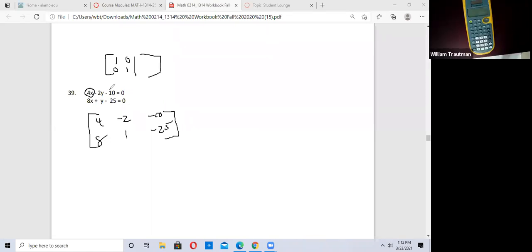Yes, you can't put it in matrix form until the 10 is on the other side of the equal sign. It has to be X, Y, and then the number on the other side. It's a minus 10, so you add 10 to both sides, and a positive 10. It's a minus 25, so you add 25 to both sides. So a positive 10 is on the other side, and a positive 25 is on the other side. This is what the matrix form looks like. The 10 and the negative 25 are on the wrong side. The X and Y's are on the left side. The numbers without the X and Y's are on the right side. So this is the matrix form.